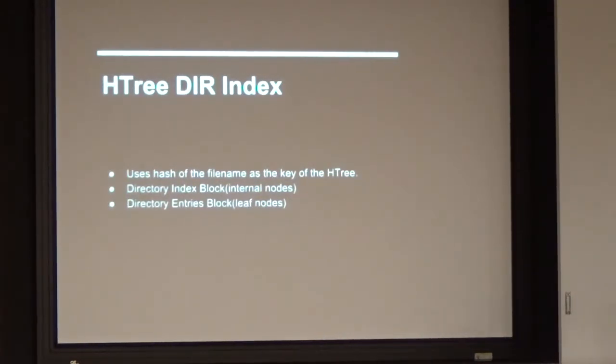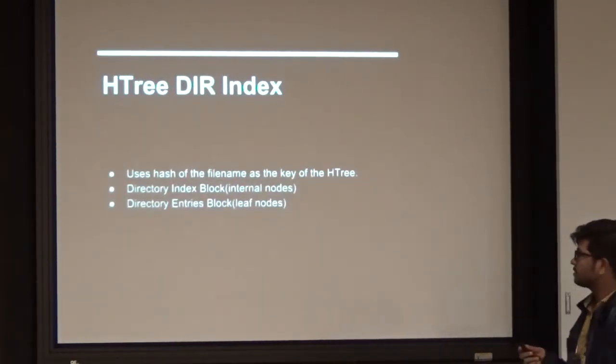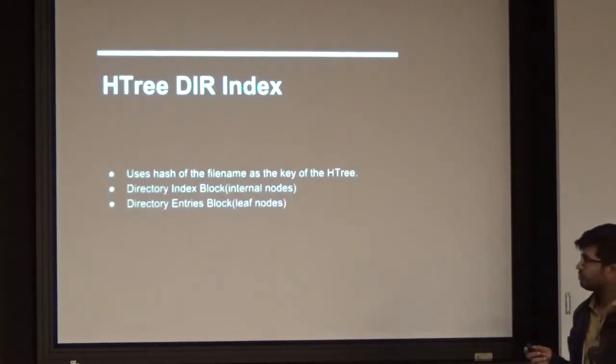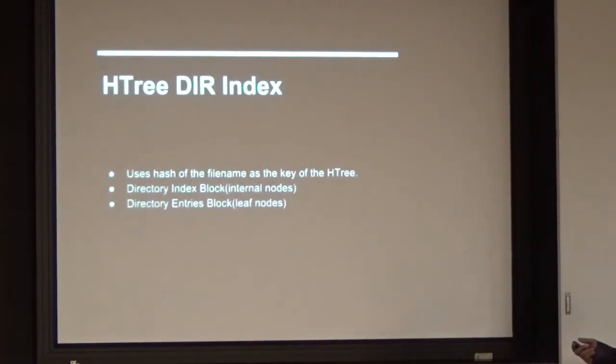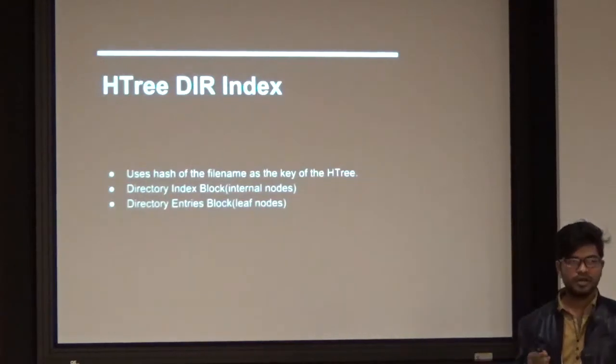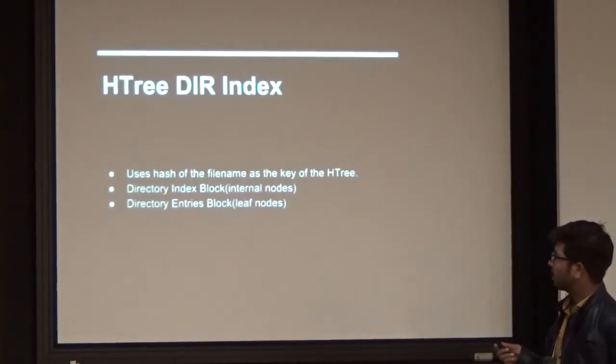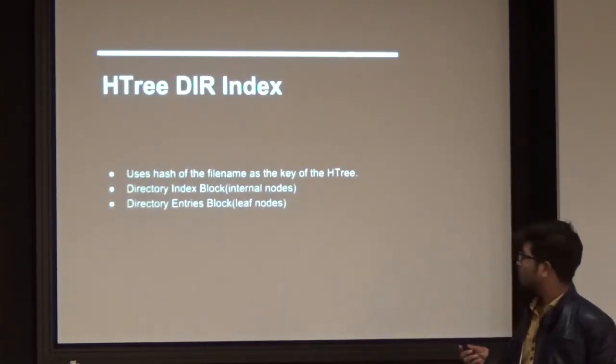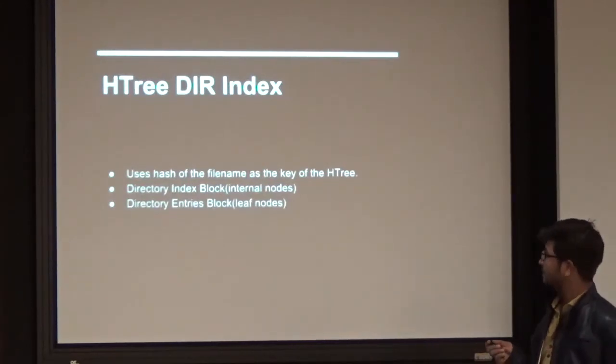And then Ext3 implements that as an array and makes all the nodes of equal size, so that it is efficient. So basically it replaces the directory entries stored in a linked list with a tree, which we call here a hash tree or H tree.